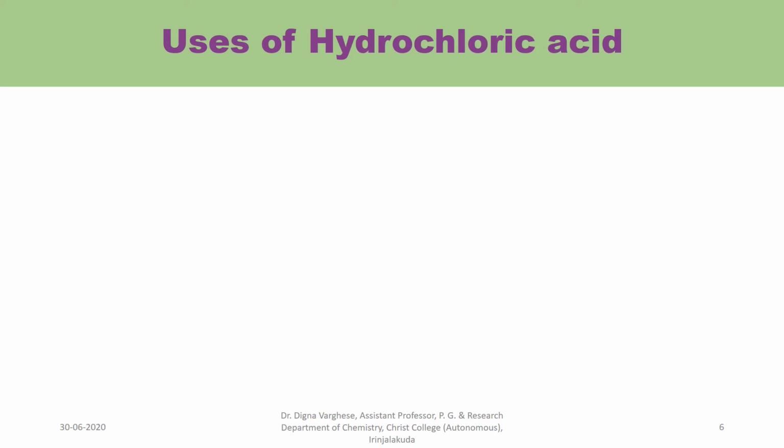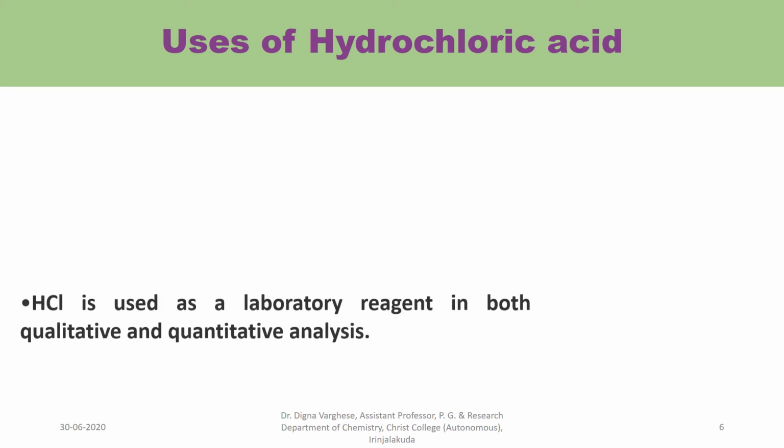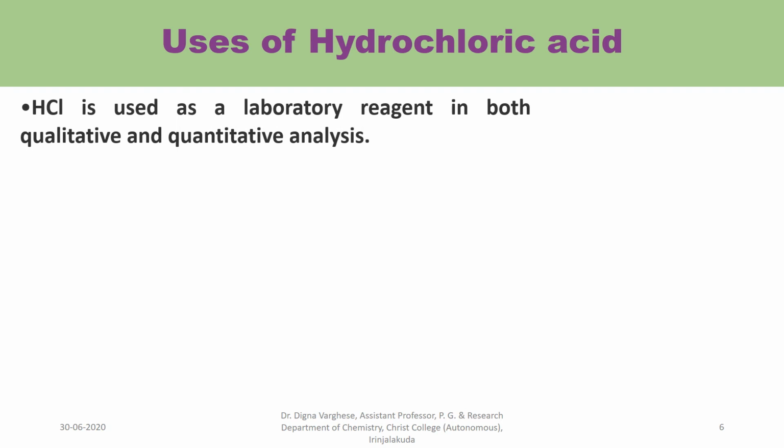Uses of hydrogen chloride or hydrochloric acid. Hydrochloric acid is used as a laboratory reagent in both qualitative and quantitative analysis, that we are using in our daily practicals, that is HCl in inorganic qualitative analysis.